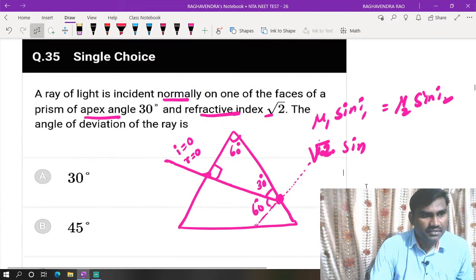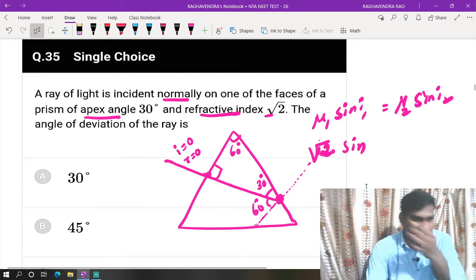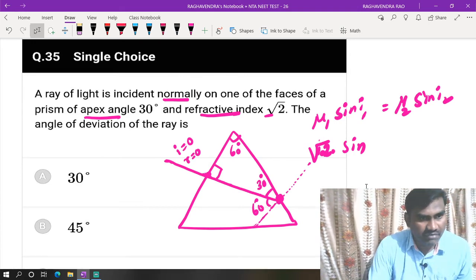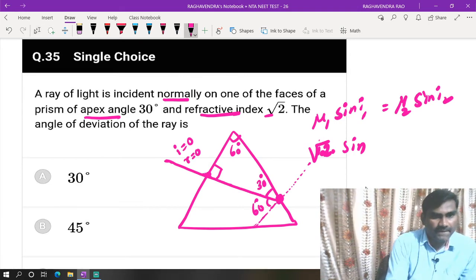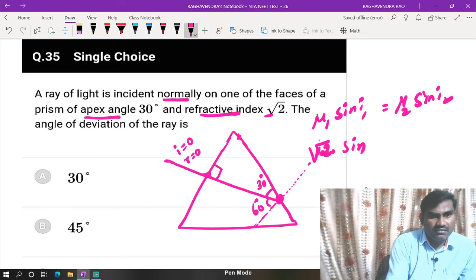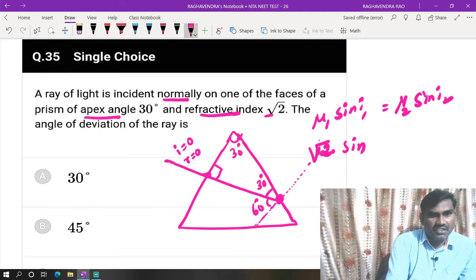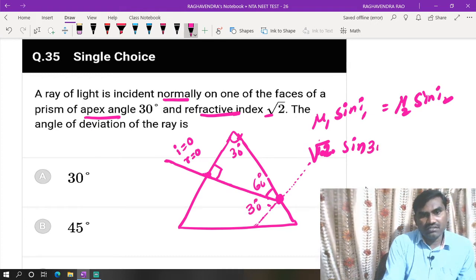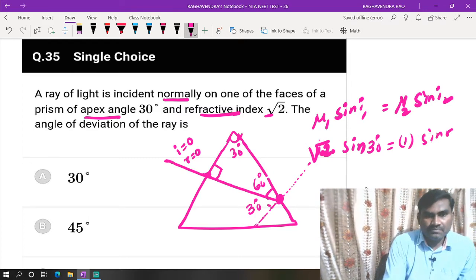Wait a minute. The ray of light is incident normally on one of the faces of a prism of apex angle 30 degrees. The angle of incidence here is 30 degrees. So sine 30 is equal to, outside will be 1, into sine r.